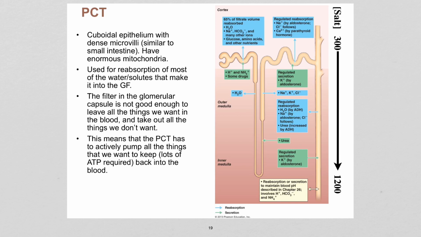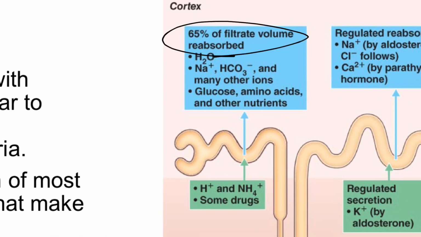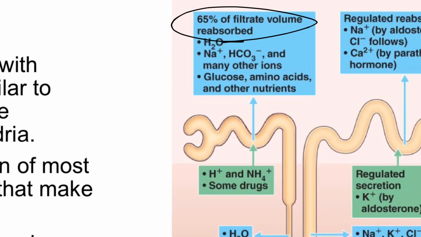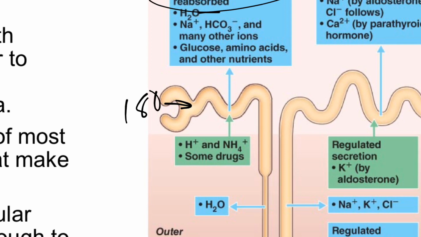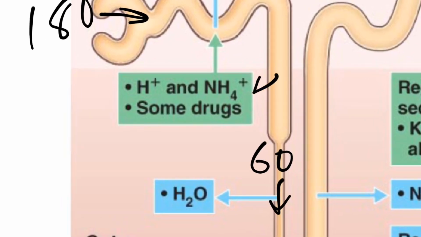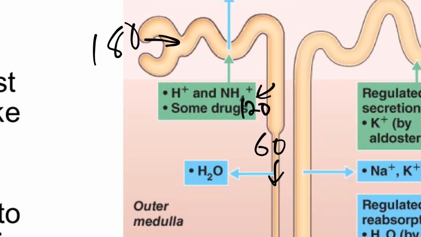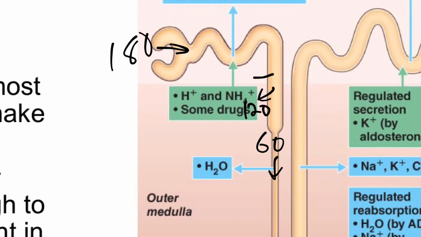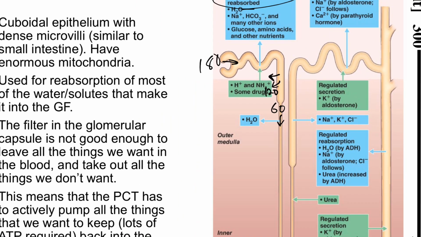This is where the majority of fluid gets reabsorbed, so about 2/3. That means that if you put 180 liters in at the glomeruli into GFR, only about 60 of that makes it down into the loop, and the other 120, right, 2/3 of 180, must have been reabsorbed into the blood out of the PCT.